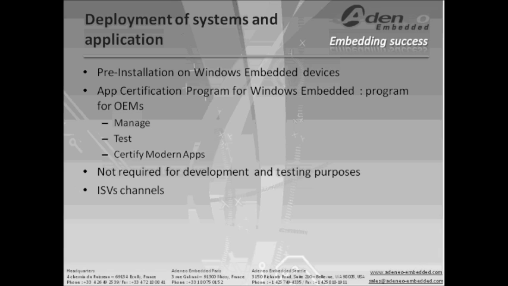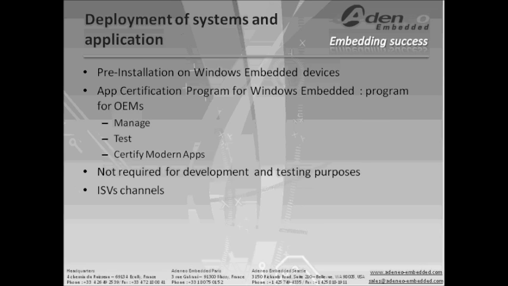Each OEM has a channel in the store where they can register their ISV accounts. When an app is submitted by a registered ISV, these apps are exclusive to the corresponding OEM channel.